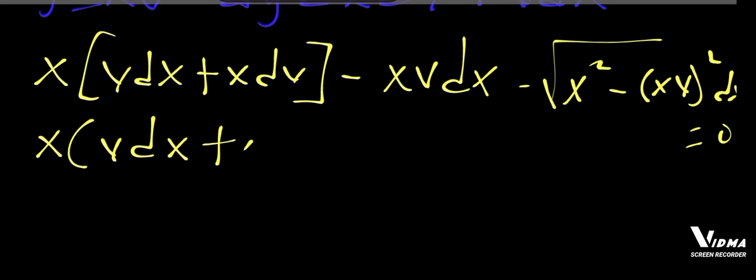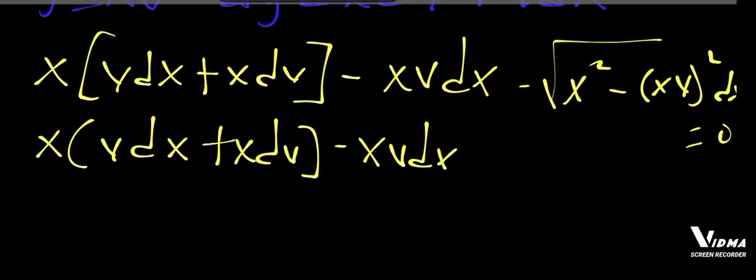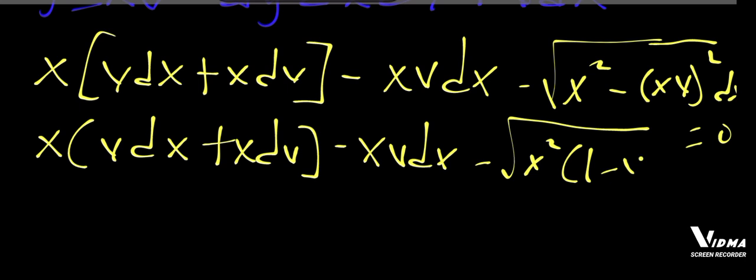So let's see how it's going to be done. So here I see I have x squared minus x squared v squared. So I can factorize x squared out and have 1 minus v squared dx, being equal to 0.